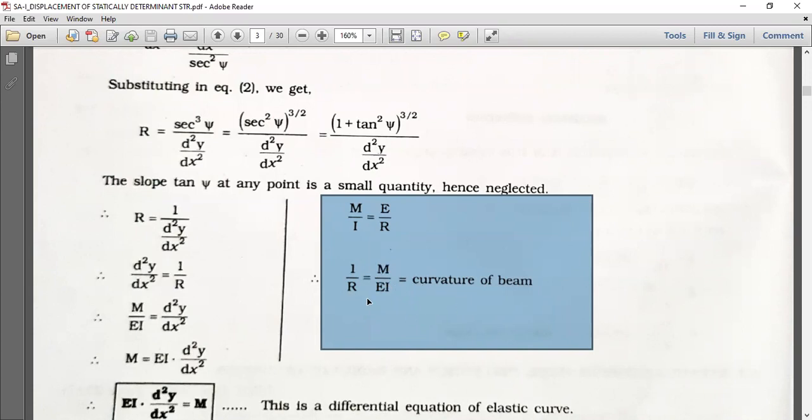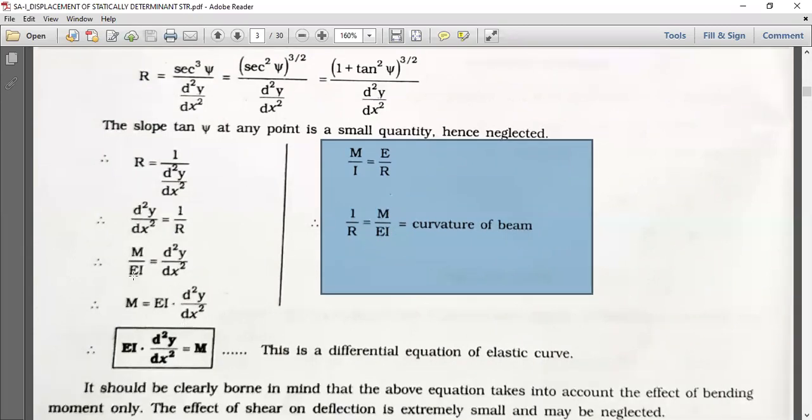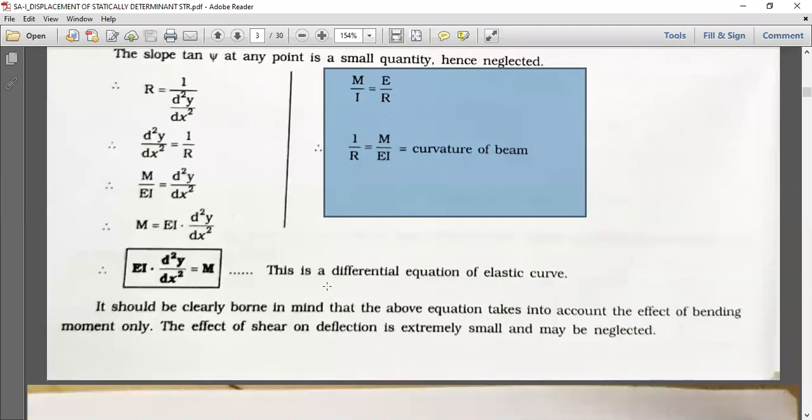Put this value in, and we get M is equal to EI into d square y upon dx square. So EI d square y upon dx square is equal to M. This is the differential equation of the elastic curve.